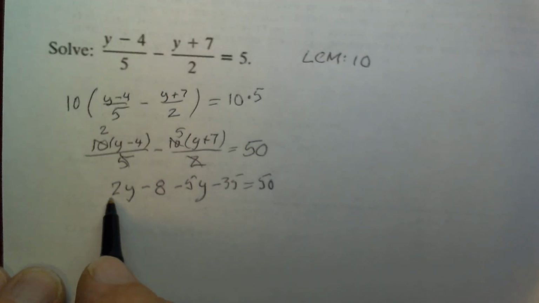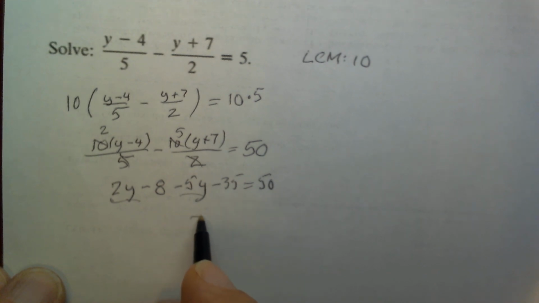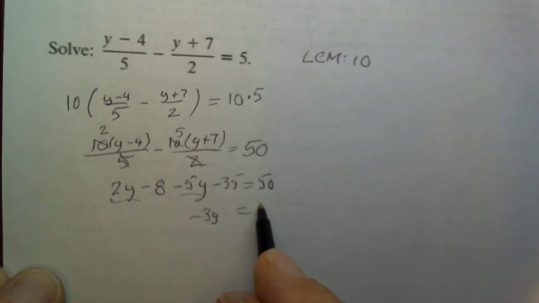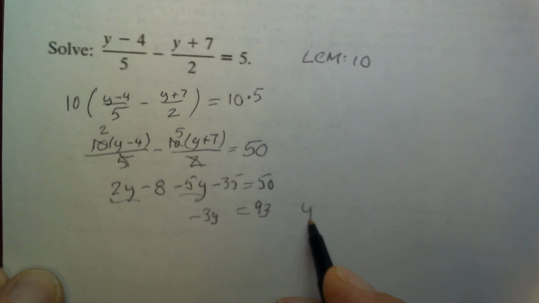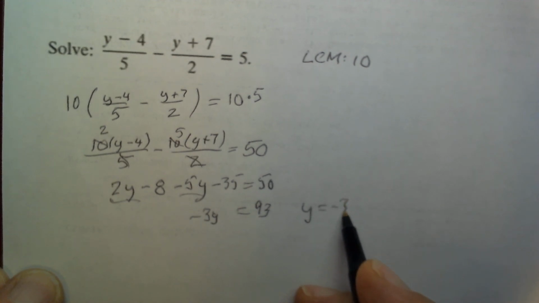Collecting like terms, 2y minus 5y is minus 3y, and minus 8 minus 35 is minus 43. We add 43 to both sides, so 43 and 50 is 93. Divided by minus 3, y is equal to minus 31.